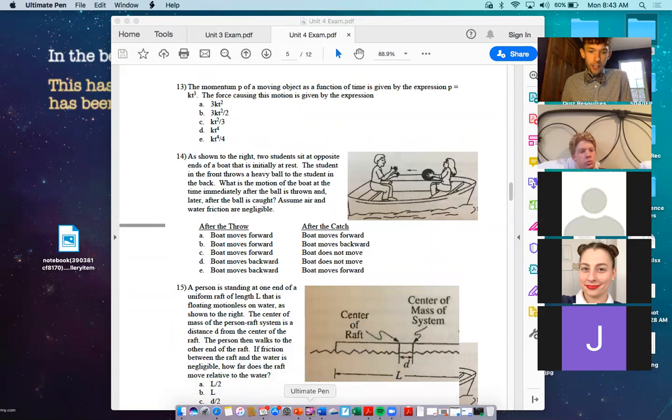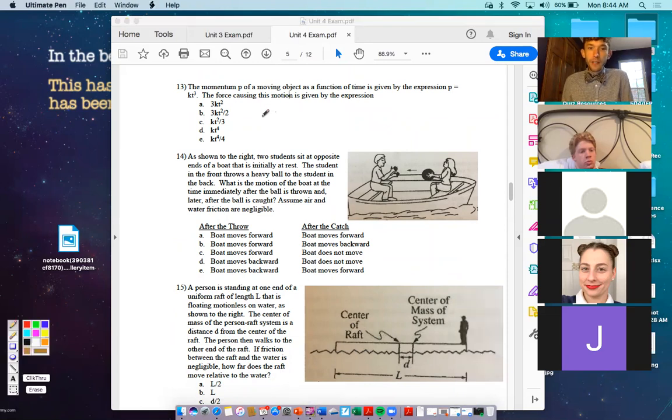Okay, question 13. The momentum of a moving object is given by this, the force causing this motion. So we know that an impulse is the integral of force with respect to time, and that equals delta p.